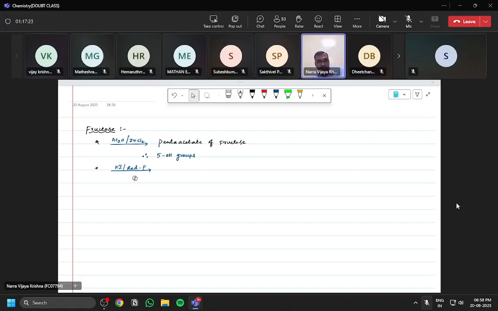Hexane confirms a linear chain, right? Because HI and red phosphorus convert every functional group into alkane. So here also you got n-hexane. So this reaction also confirms that a 6-membered straight carbon chain is present.